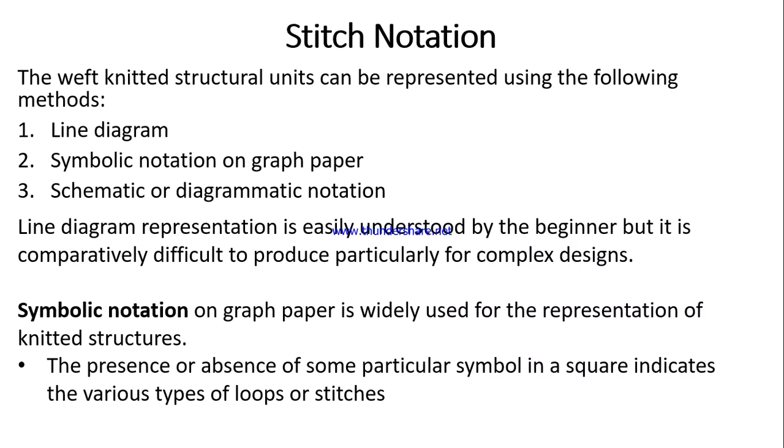Now come to the stitch notation. This is very important to present the knitted structure. In case of woven structure, you know how to present the design of the woven structure, such as by drawing you can present the one by one plain weave, one by one twill, 1/2 twill, 1/3 twill, even satin, irregular satin.